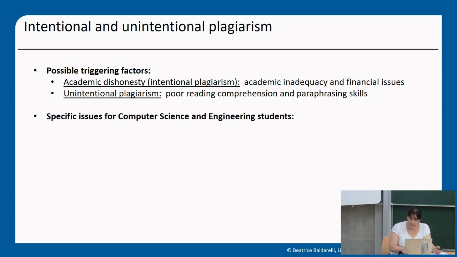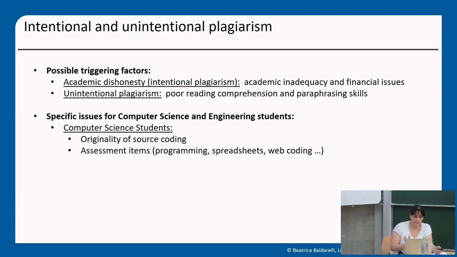Additionally, computer science and engineering students face specific issues regarding the use of sources and may therefore have a different perception of the concept of plagiarism. Computer science students deal, for example, with the originality of source coding, or have assessment items that may largely differ from the traditional ones, including programming, spreadsheets, and web coding.